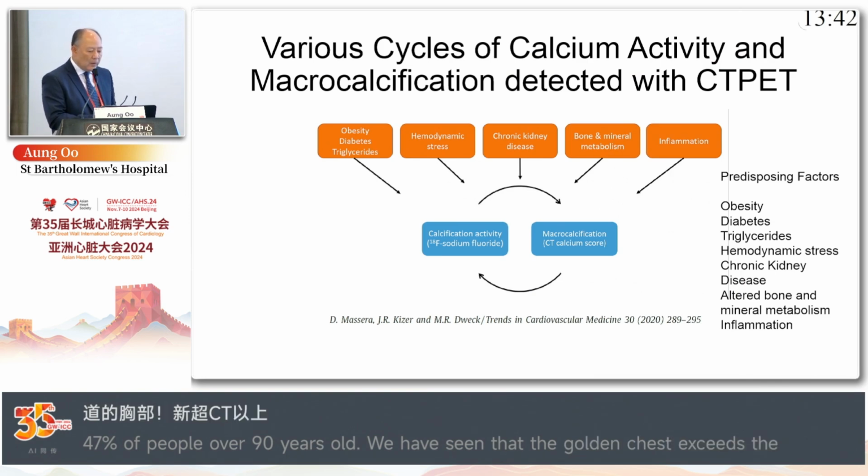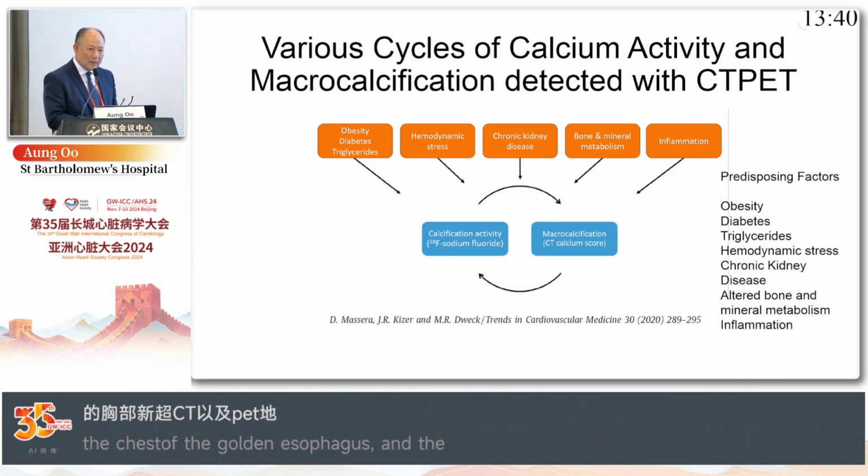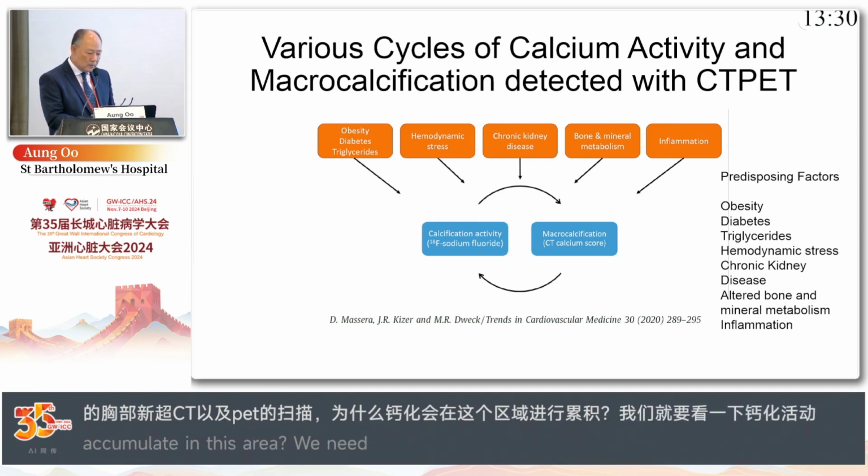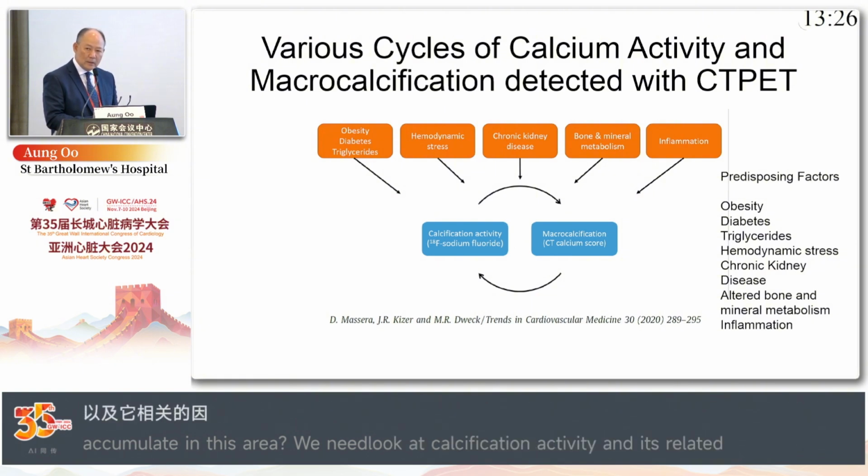And why does calcium accumulate in the area? When you look at the calcification activity, there are risk factors and contributing factors. Microcalcification can be detected in the CT PET scan, and you can look at this paper.